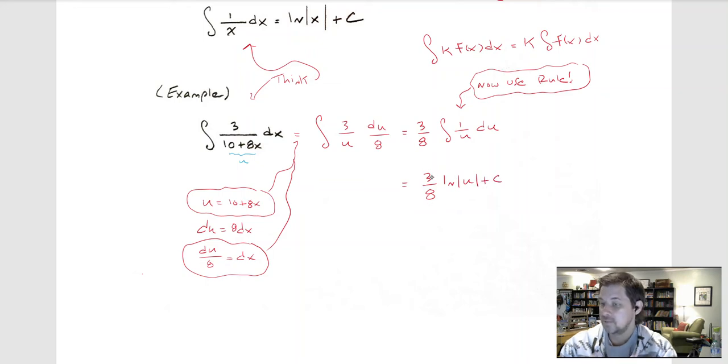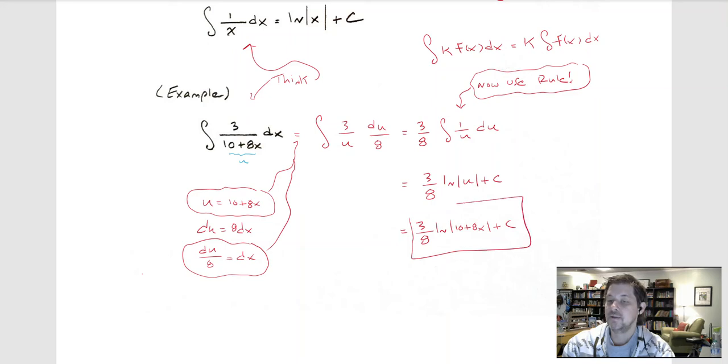So 3/8 times that. My final answer, given that u is the very same thing as 10 plus 8x, is 3/8 natural log absolute value of 10 plus 8x, plus c. All right, and there we go. We got what we want at that point.